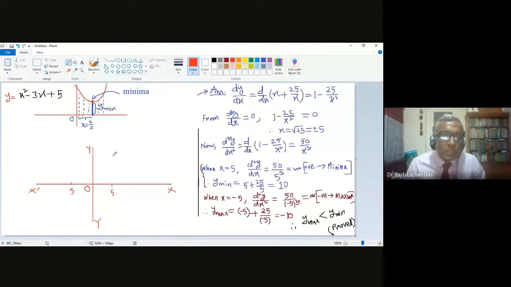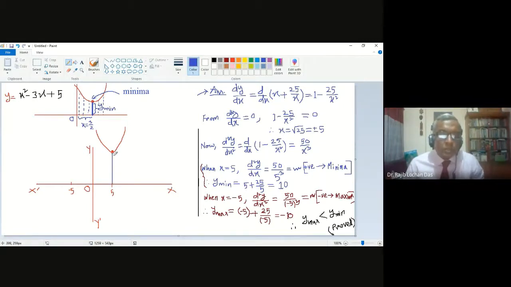So y is plus 10, this is the height, and it is minimum. So it is again like a parabola, but it is like this. This will be the minimum value, and this minimum value is actually 10.